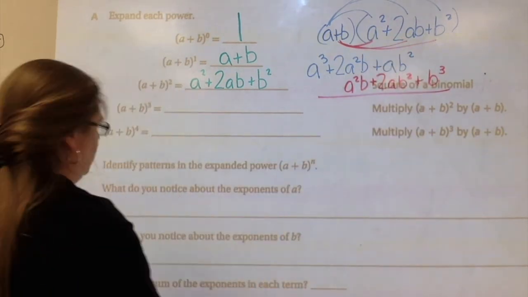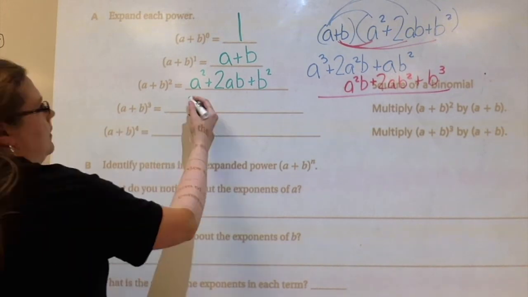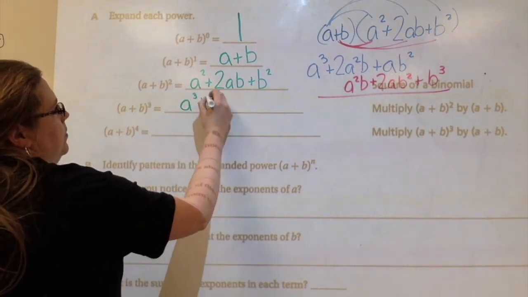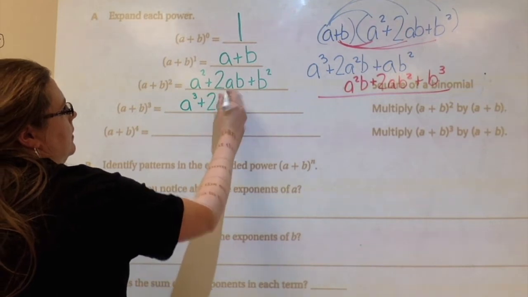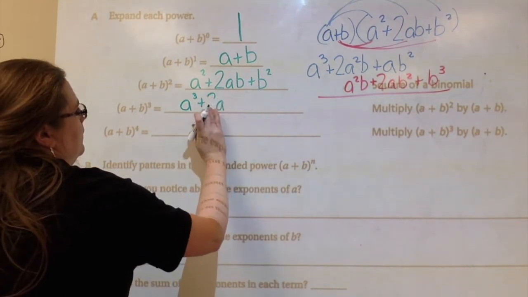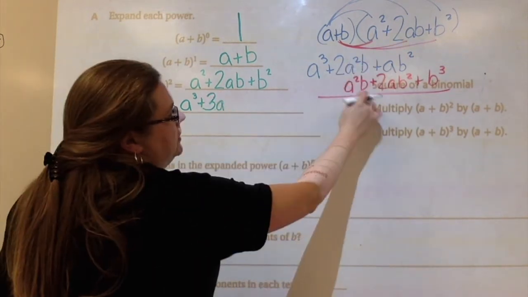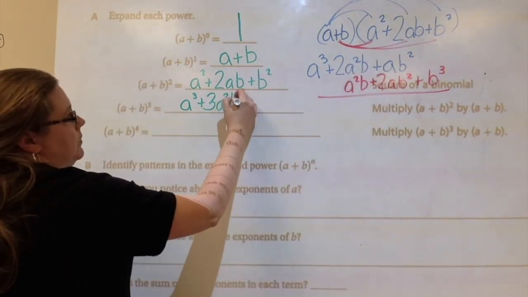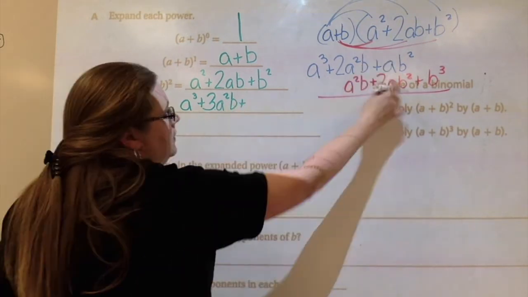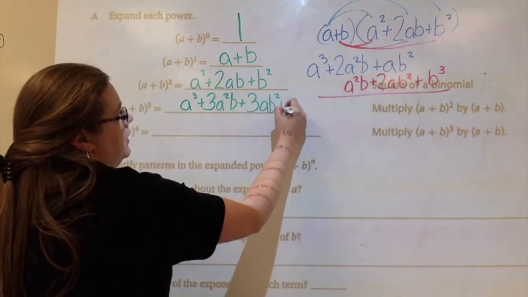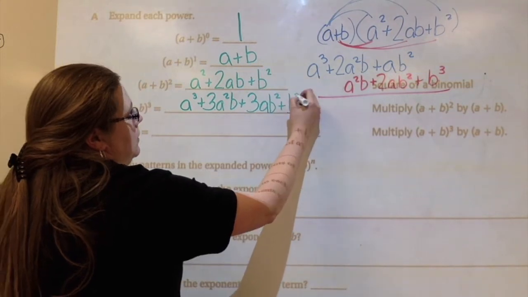And I'm going to write this over here. Keep everything lined up nice and neat. A cubed plus 3. There's 3 of those. 2a squared b plus a squared b is 3a squared b plus 3ab squared plus b cubed.